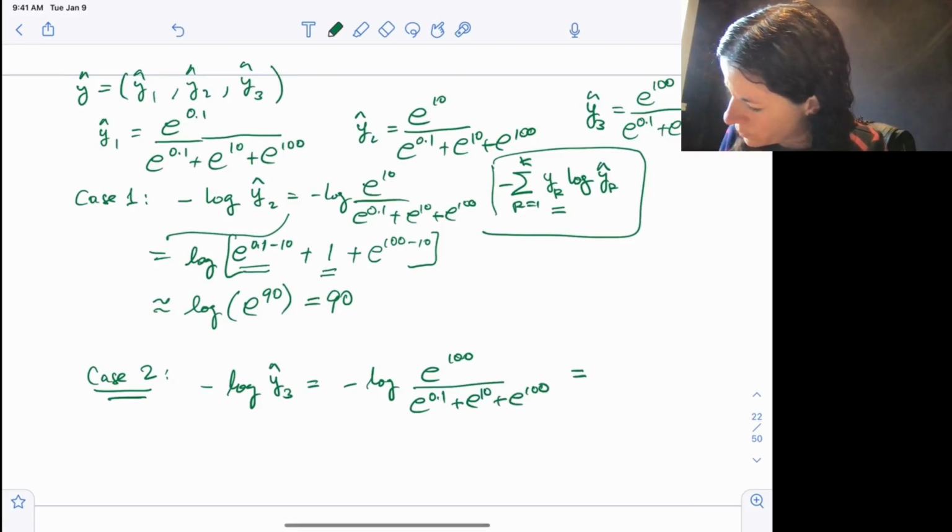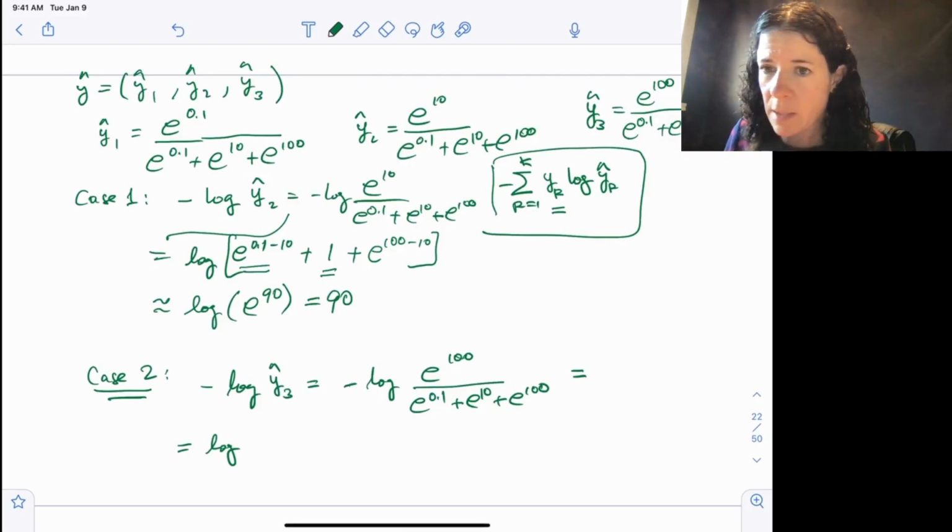This is equal to the log of, basically, take this minus 1 and turn the fraction the other way around, right?